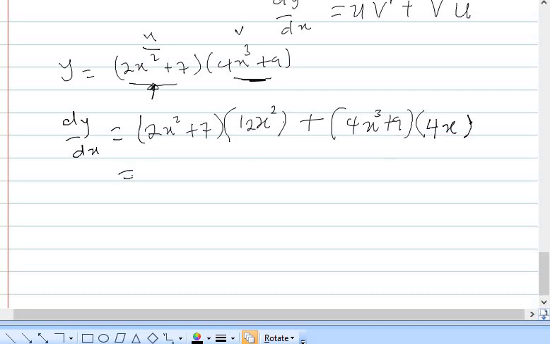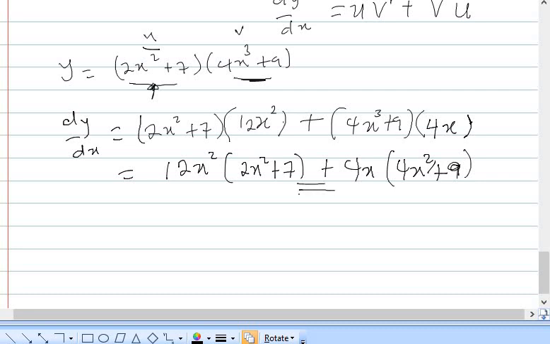Then here is the final solution. If you like you can leave it like this. So we will have 12x squared into 2x squared plus 7, and then the other part we will have 4x into 4x cubed plus 9.